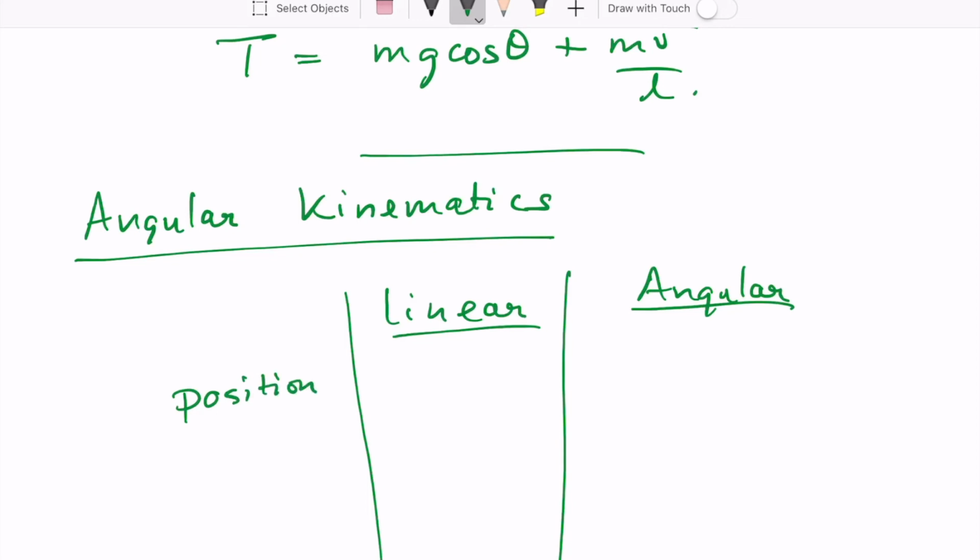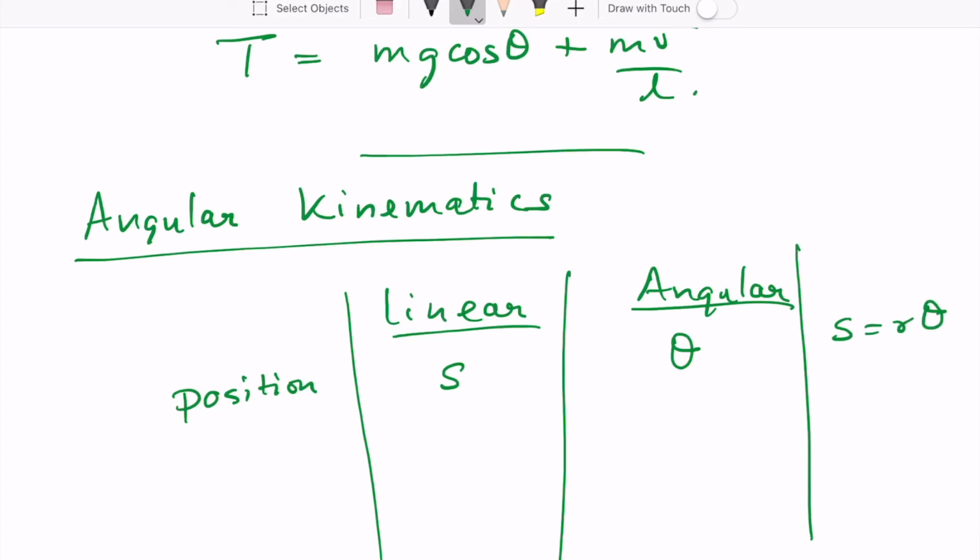If you think of an object going in a circle, then the linear measure of its distance traveled, which is basically the arc length, was s, and the angular measure of its change of position was theta, right? And the relationship between them is s equals r theta.